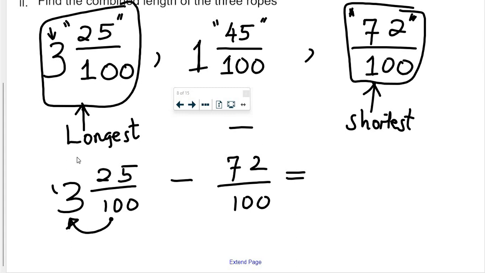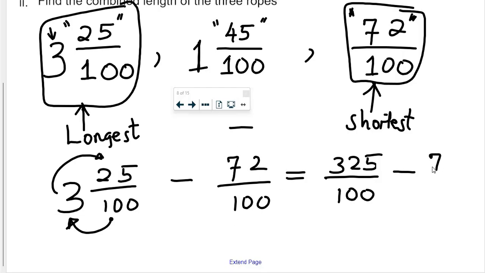The answer you get, add 25. So 100 into 3 is 300. Add 25 is 325 upon 100, minus. This is already a fraction, so we're going to do 72 upon 100.